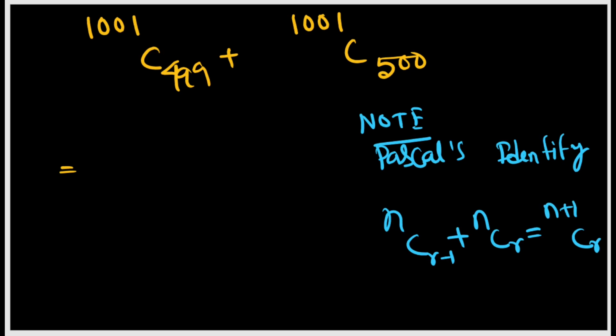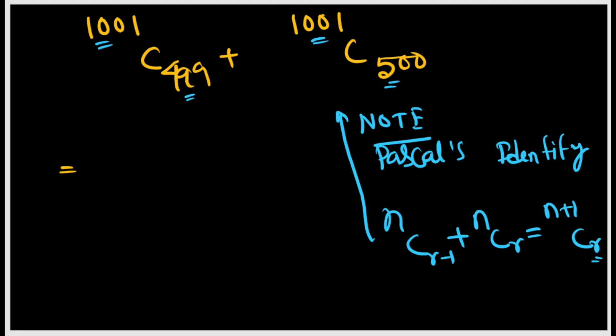So on the left-hand side n is the same, but the r terms are r minus 1 and r. Then we get n increased by 1 and the bigger r on the right. The same identity is used here: 1001 and 1001 are the same n values, but the r terms are 499, that is r minus 1, and 500, that is r. So we will use the Pascal identity.